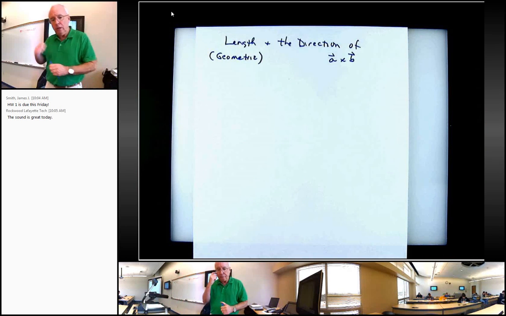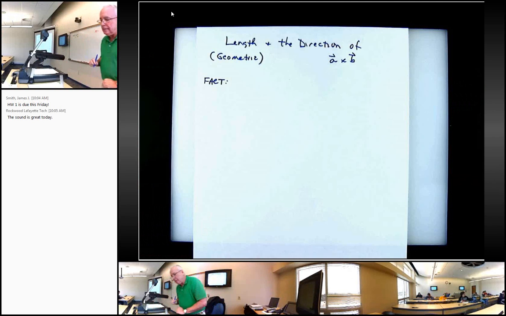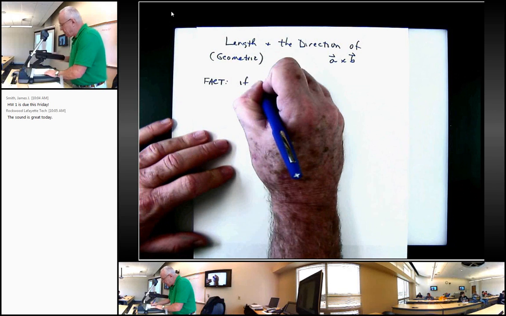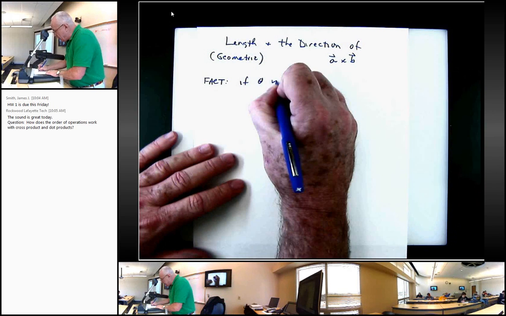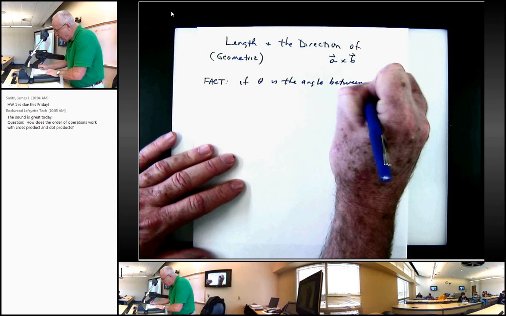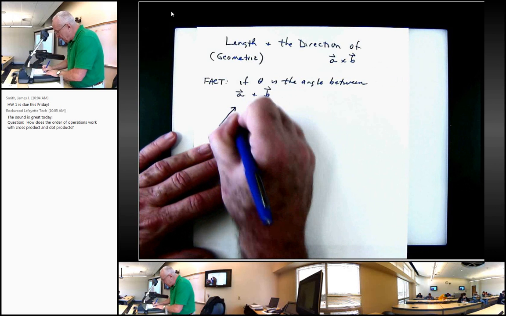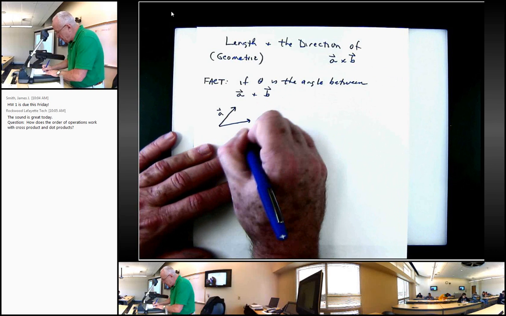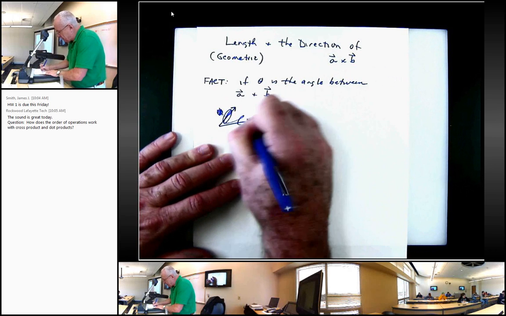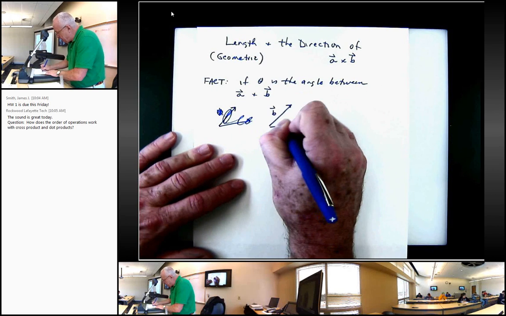All right. Now, I'm not going to prove this, but this is the fact about the length. If theta is the angle between the two vectors, the angle between A and B, so in other words, let's put A down here and B here.